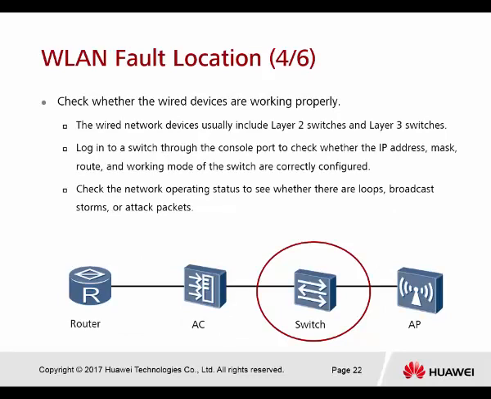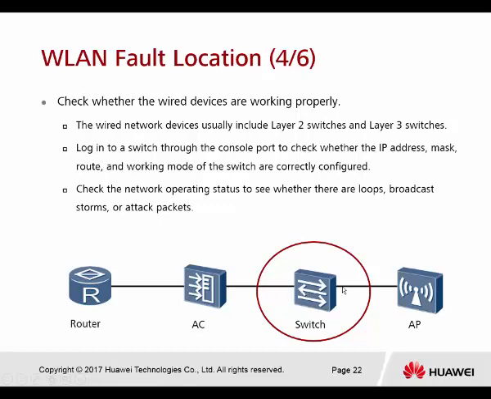Then the next one, check whether the wired devices are working properly. The wired network devices usually include the layer 2 switch and layer 3 switch. Log into the switch through the console to check whether the IP address, the mask, route, and working mode for the switch are configured. For example, what do we need to configure?